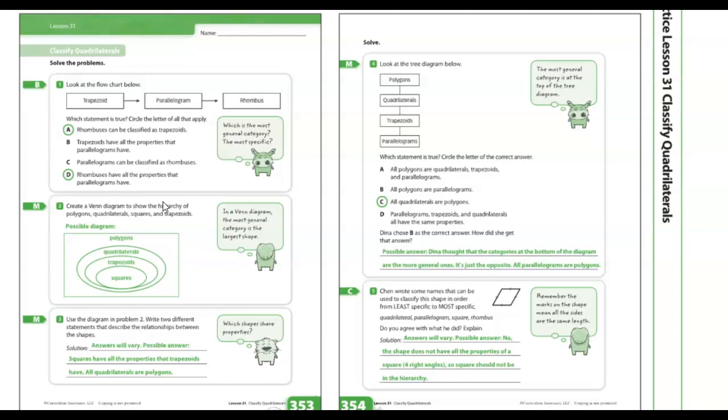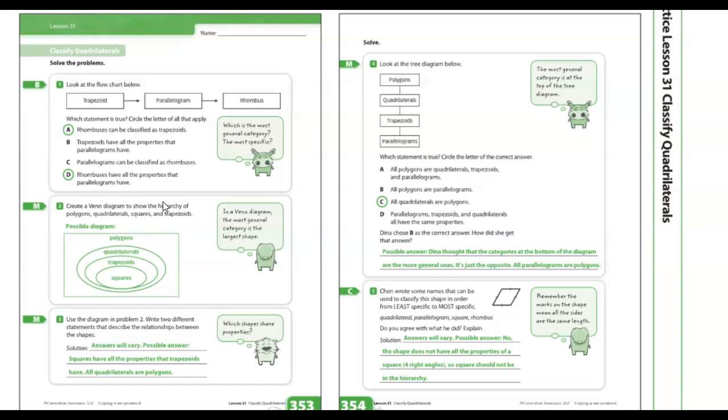So notice they threw in there the word polygon. So that goes back to where I had you writing it in the middle of page 329 in the tree diagram.